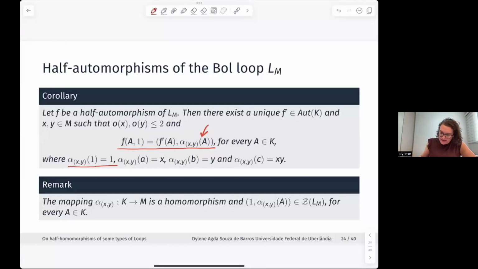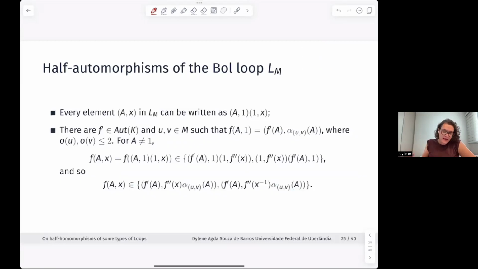What we have right now is how F1M works, how FK1 works. Using that, every element XA in Lm can be written as A1 1X. Here it's important that we put 1 over here because it makes the product in Lm simpler.